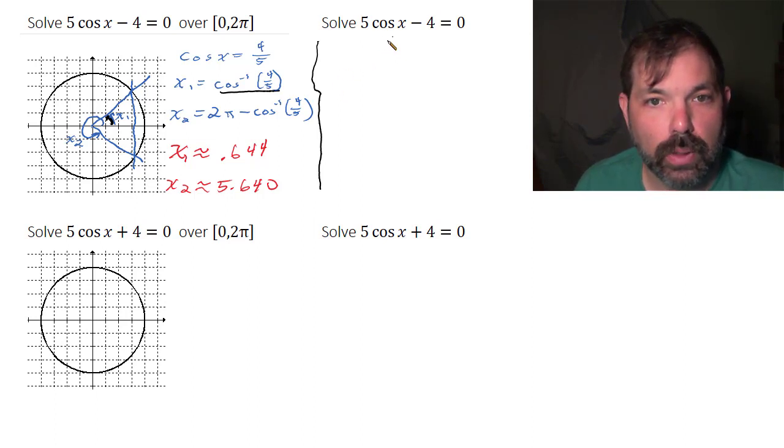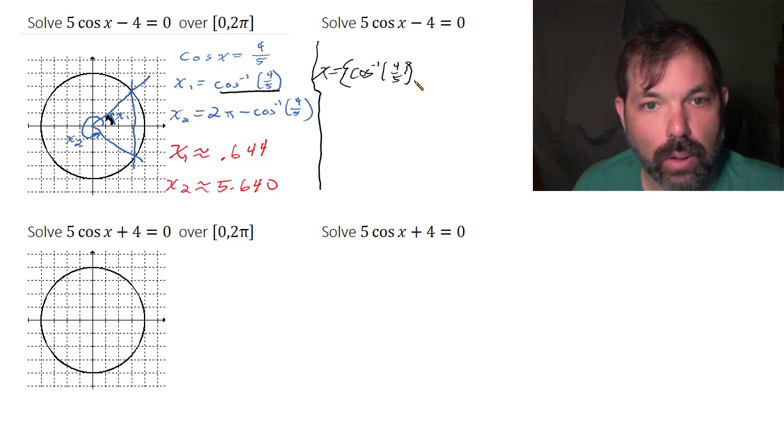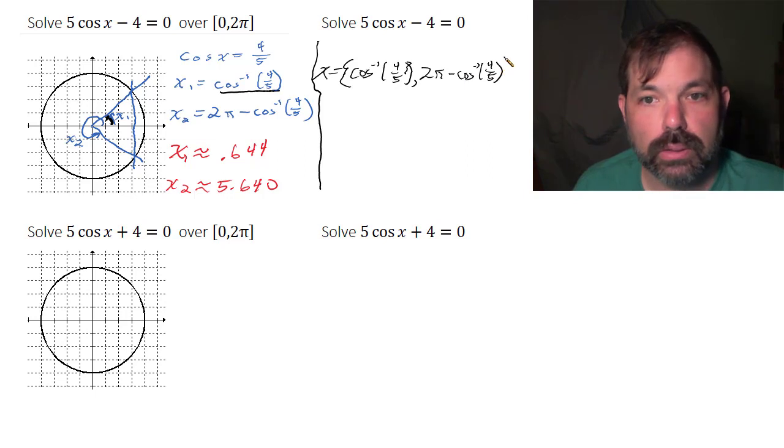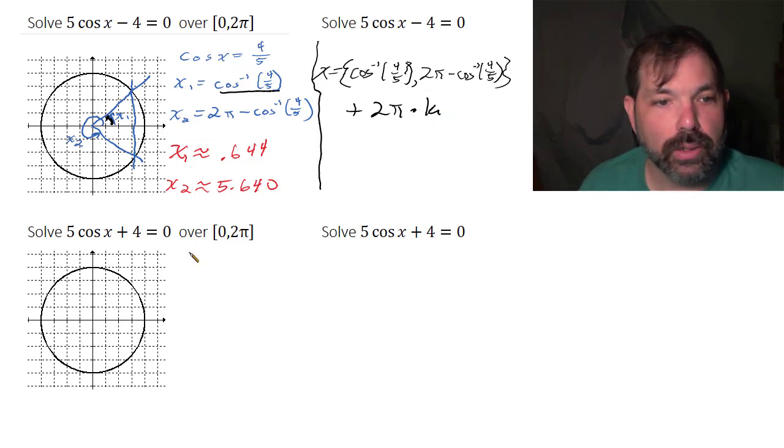So the solution for this equation, without any specified interval, would be x is given by either of the two values, cosine inverse 4/5, or 2 pi minus cosine inverse of 4/5, plus 2 pi times k, where k is again an integer.